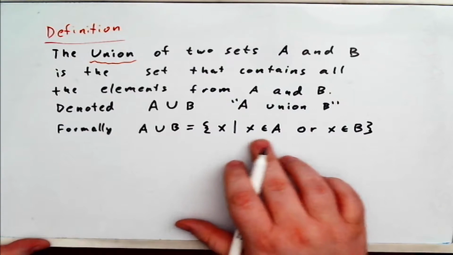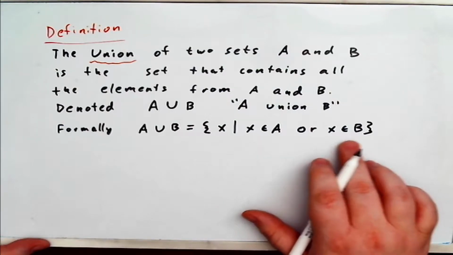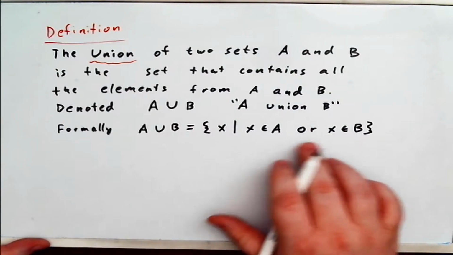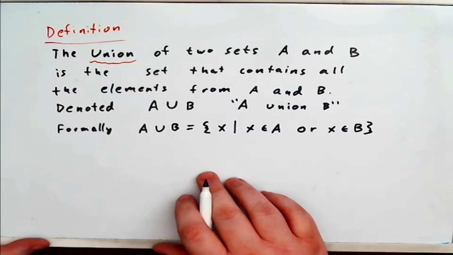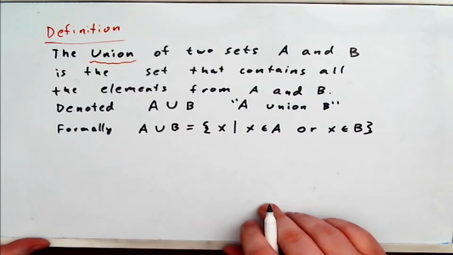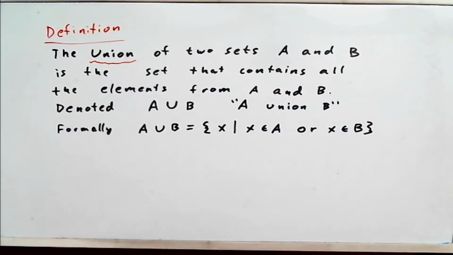It just means that every element that we have in A, we're going to put in there, and every element in B, we're going to put in there. So it doesn't matter whether it's in A or B, it's going to be added into this union set. Let's take a look at some examples of this.